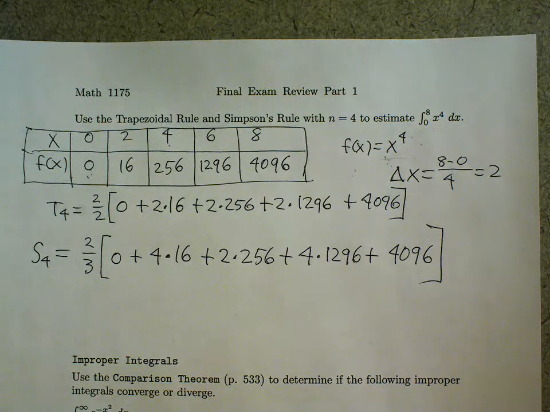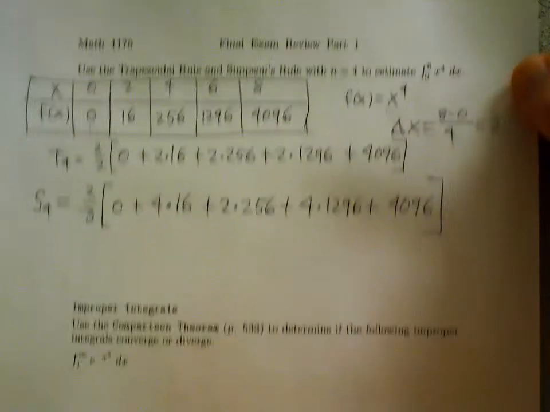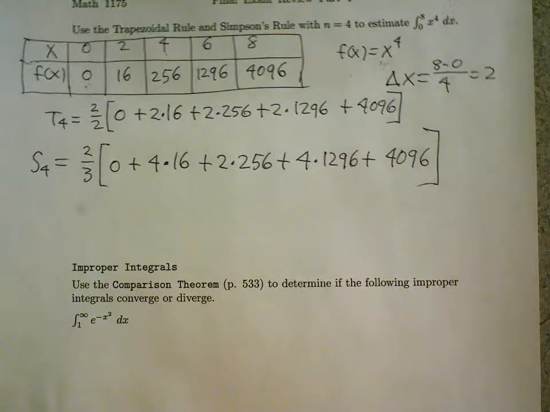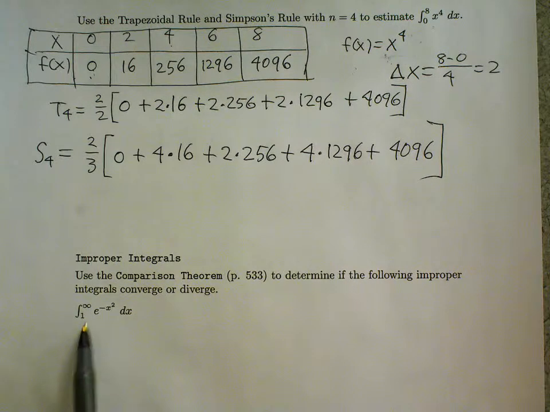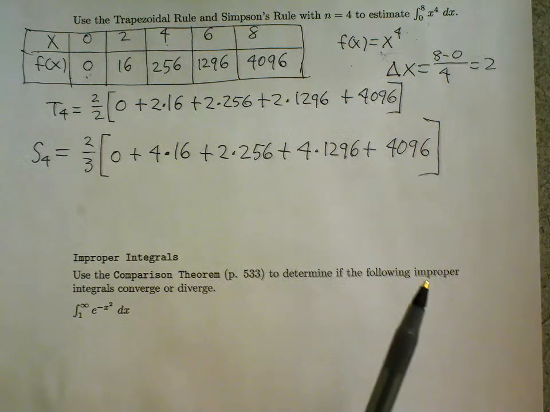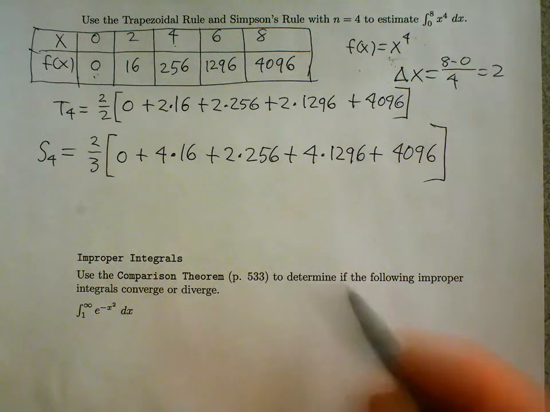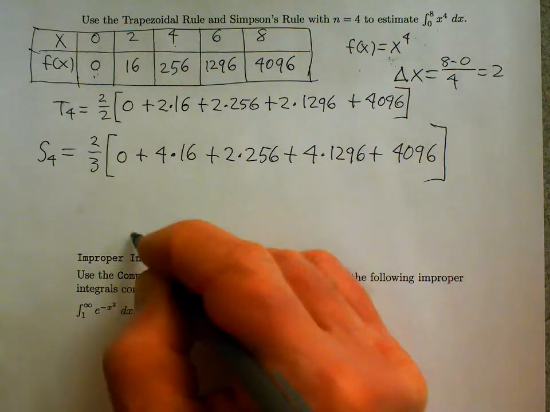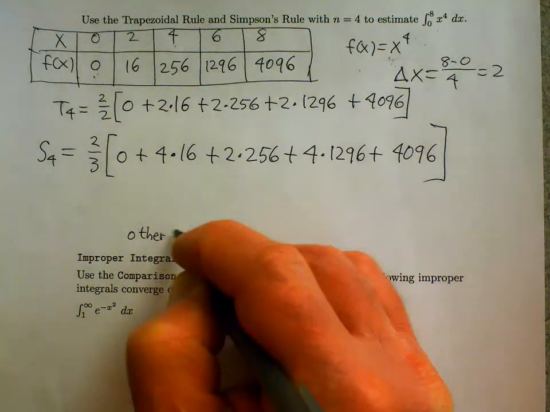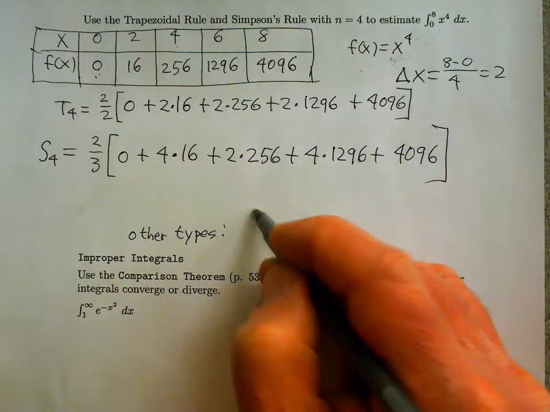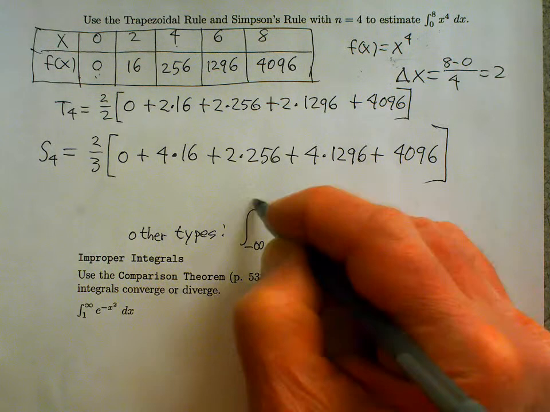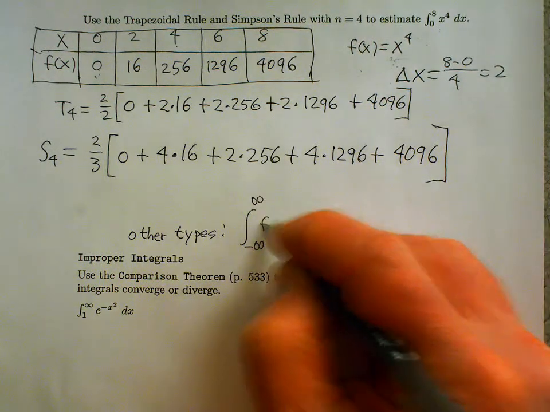Okay, let's get started on the next topic, improper integrals. This is one of the types of improper integrals. I'll just jot down other types of improper integrals. You could have an integral from negative infinity to infinity.